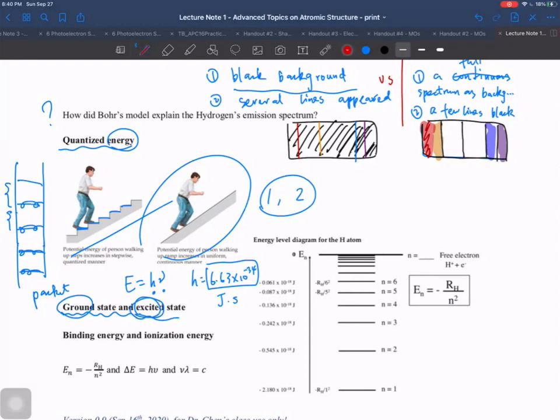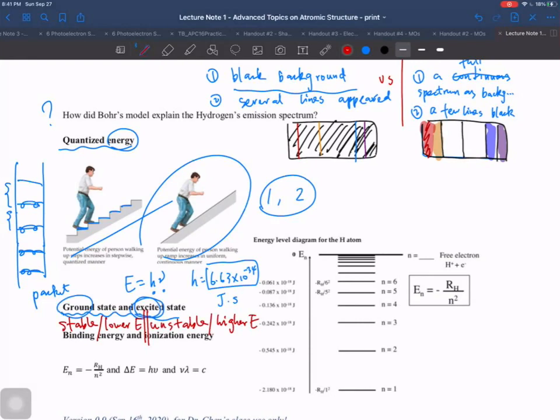Basically, ground state means stable. Excited state means unstable. Ground state means lower in energy, lower E. Excited state means higher energy, higher E. Does this make sense to you?